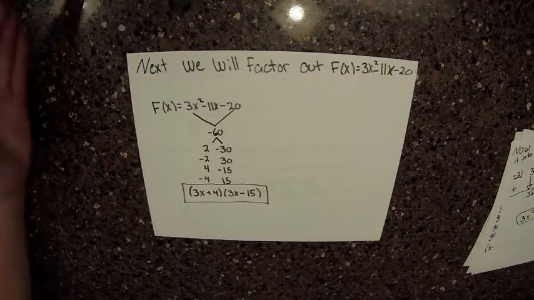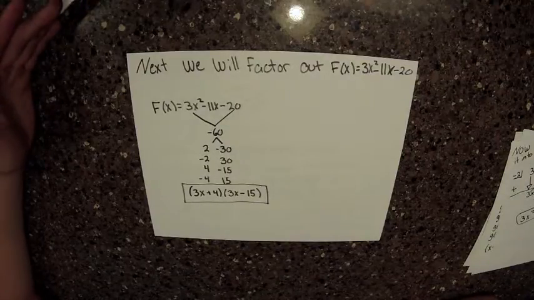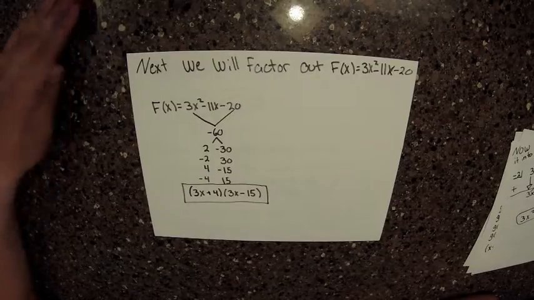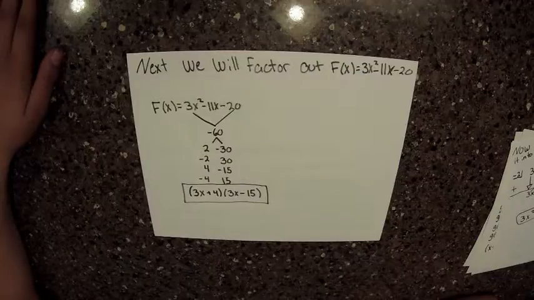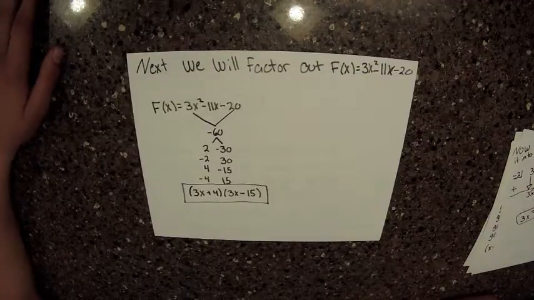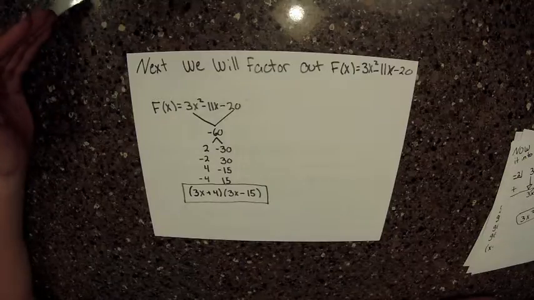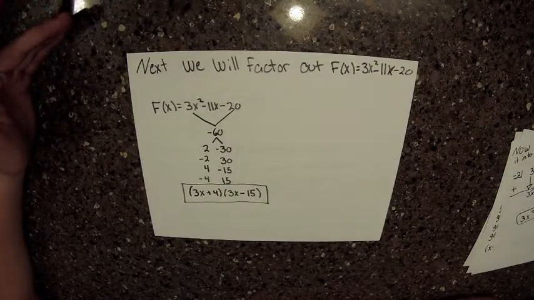So what you have to do is multiply 3 and negative 20 together. 3 times negative 20 equals negative 60. Now, if we want to factor, we have to find the factors of negative 60. It's not all the factors that we need to go through, but they are 2, negative 30, negative 2, 30, 4, negative 15, negative 4, 15.